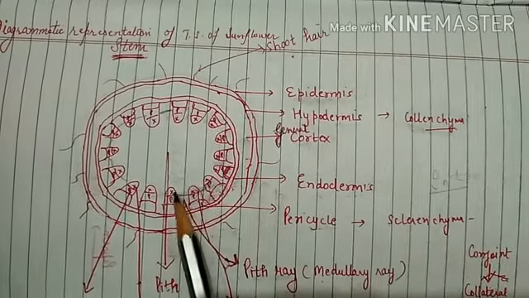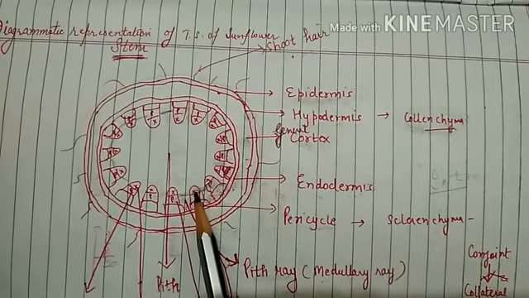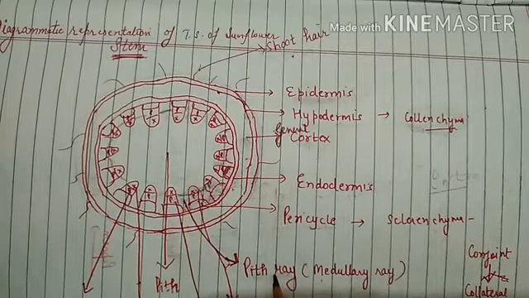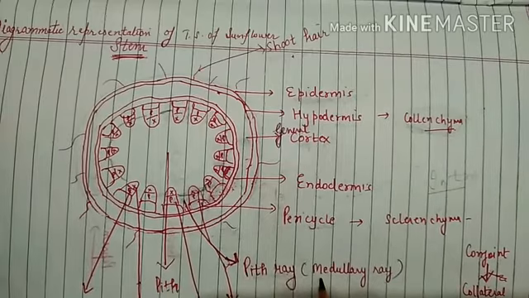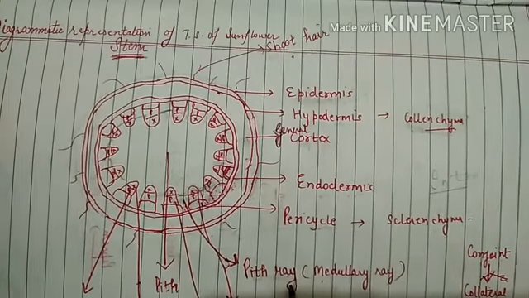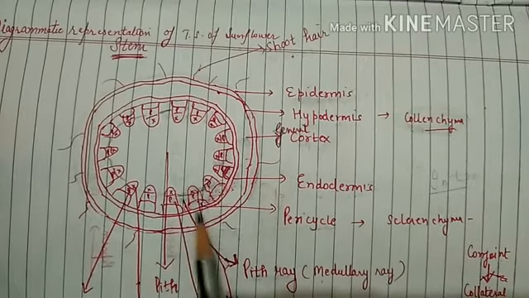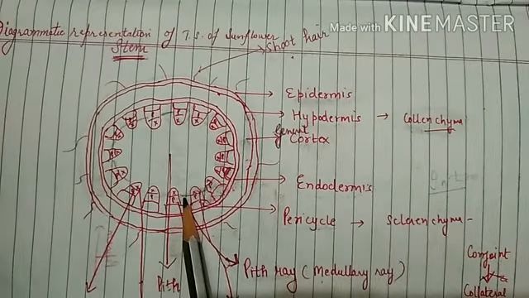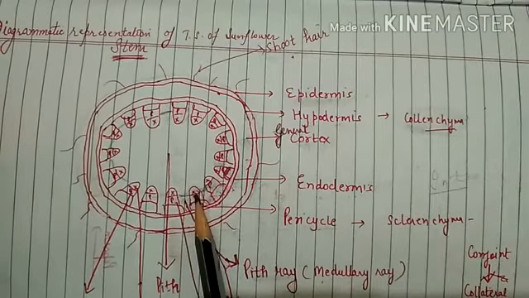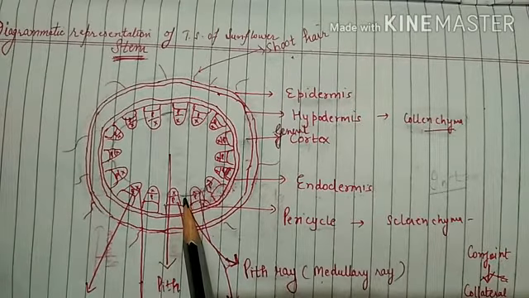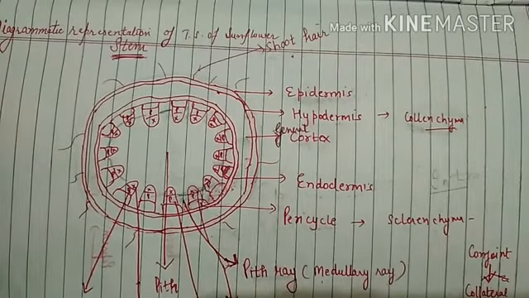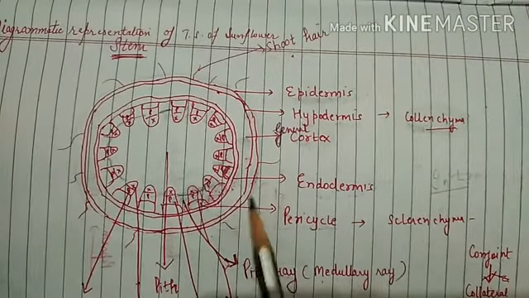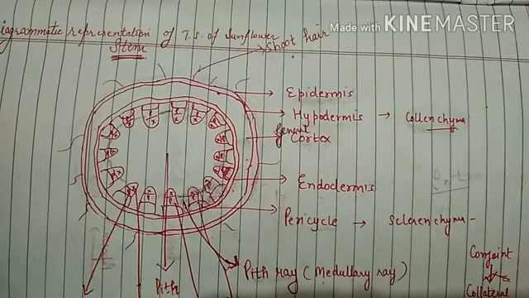Between the two vascular bundles there are cells which constitute pith ray or medullary ray. The cells of these pith rays become meristematic and give rise to interfascicular cambium. Together, the intra and interfascicular cambium give rise to the cambial ring. This cambial ring develops the secondary tissues, that is secondary xylem and secondary phloem.